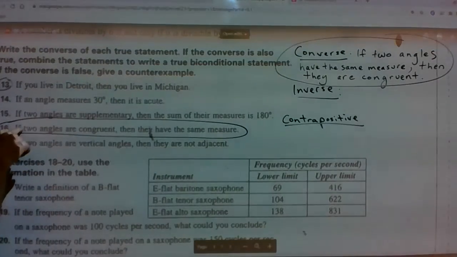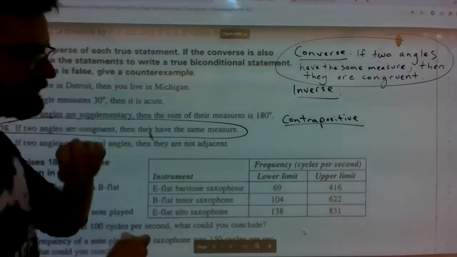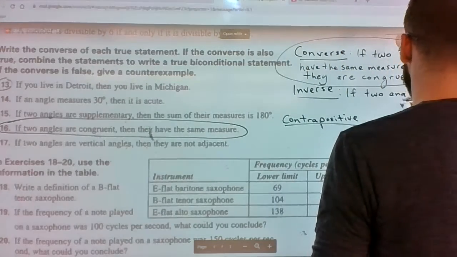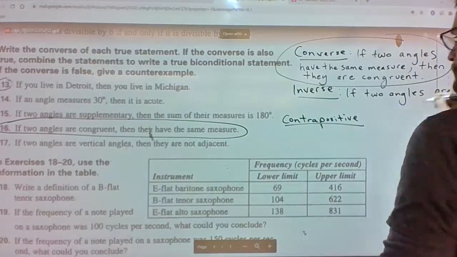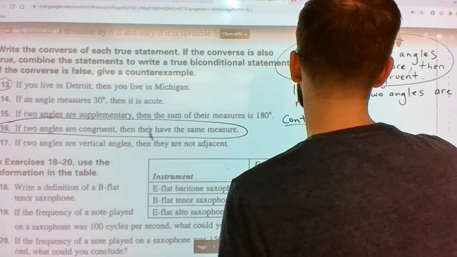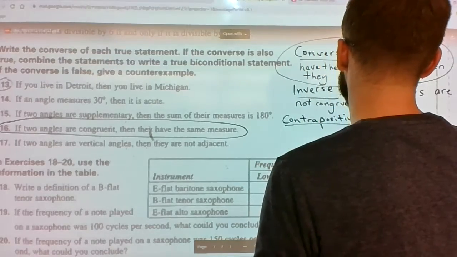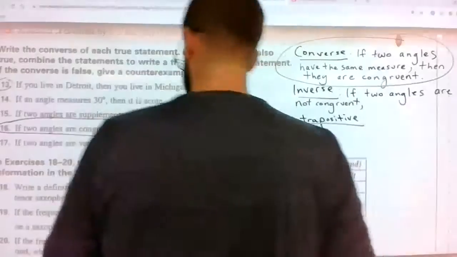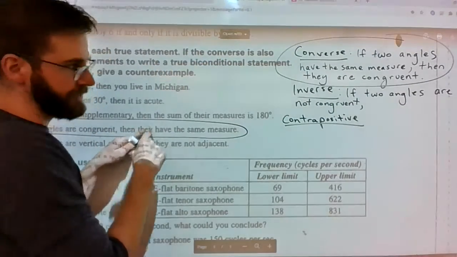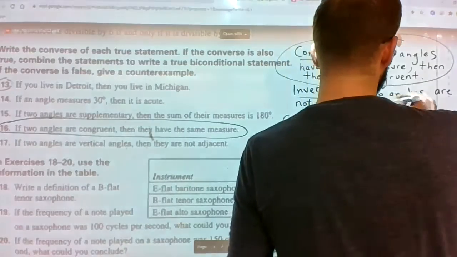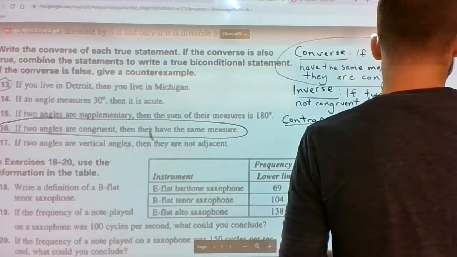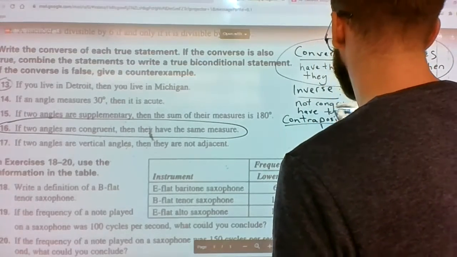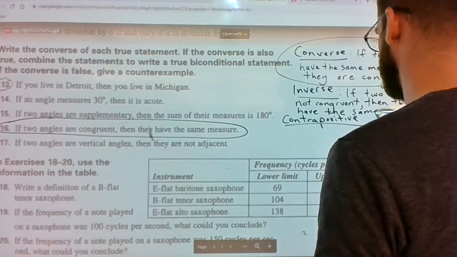So, if two angles are not congruent, then they do not have the same measure.